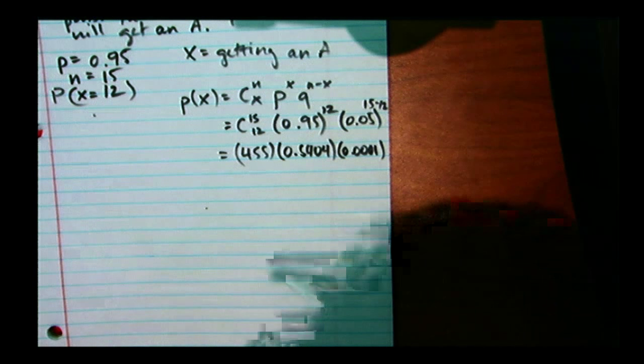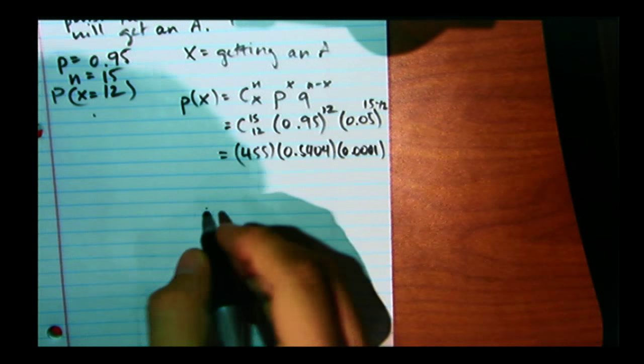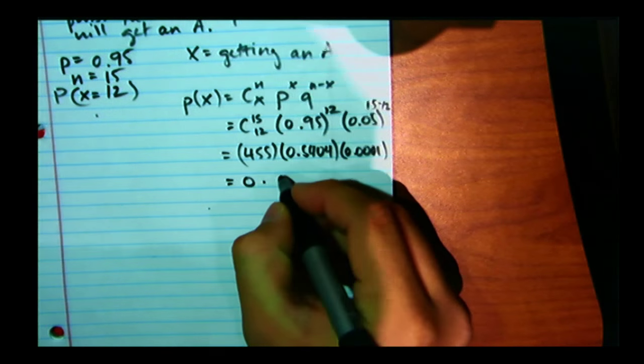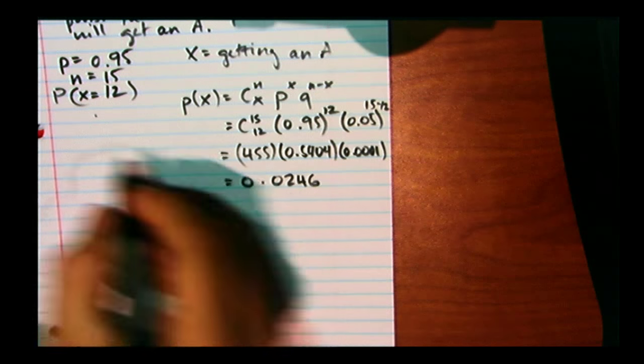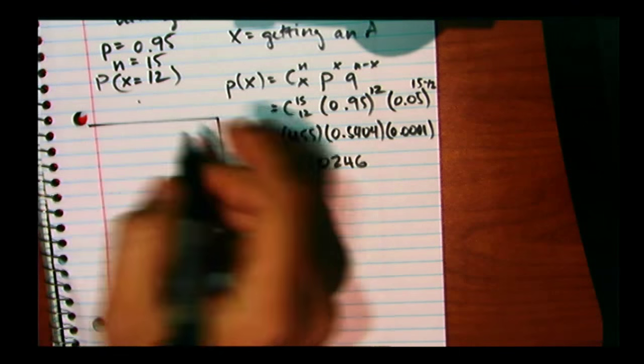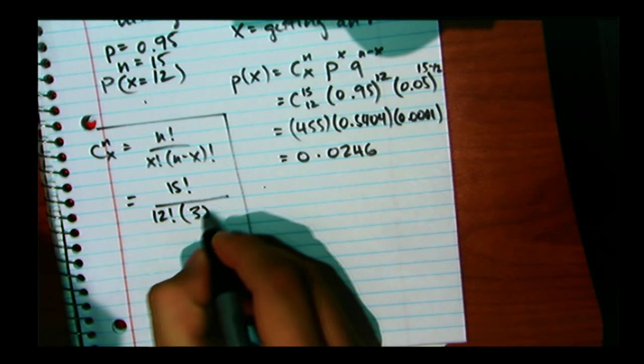Sorry, go ahead. 455. So what I did was, you can utilize the combinations equation. I just plugged it in, which would give you 3 factorial. Okay.